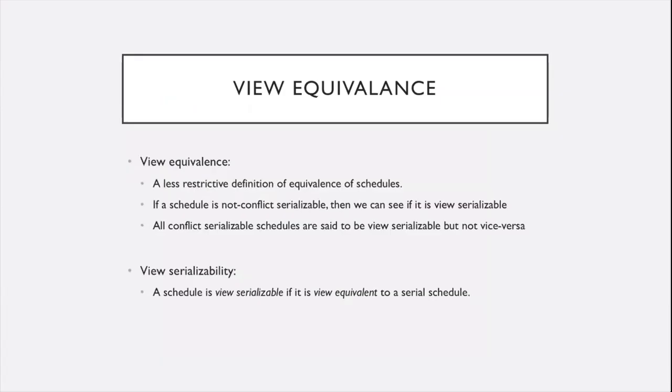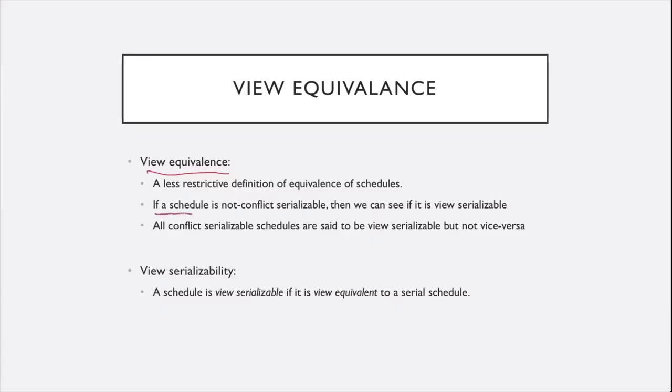A less restrictive definition of equivalence of schedules is given by another form known as view equivalence. Basically, it means that both schedules must get the same view of the data. They should get the same value of the data. So it is less restrictive compared to the other equivalence of schedules.